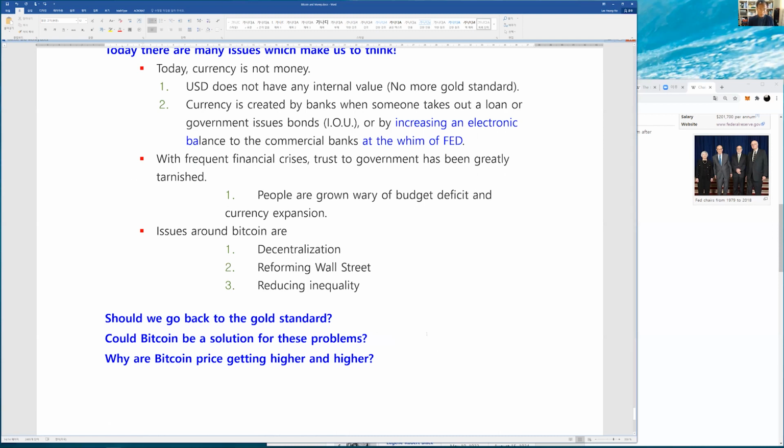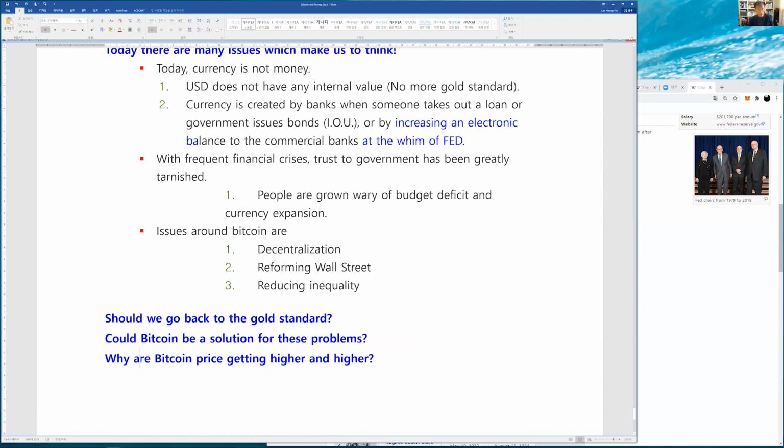So the issue that we can entertain at this point is, should we go back to the gold standard? Or could we adopt a new solution for these problems and make the society a better place to live? And what do you think? Are Bitcoin prices getting higher and higher?